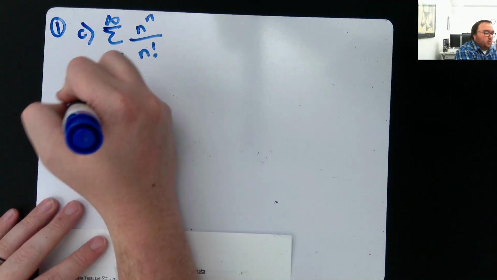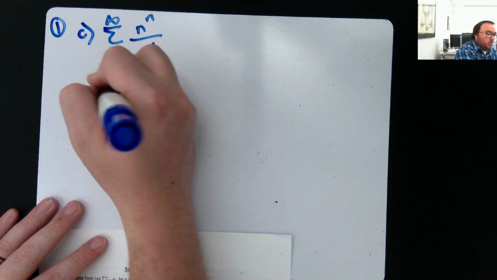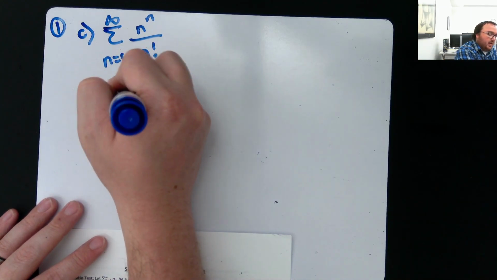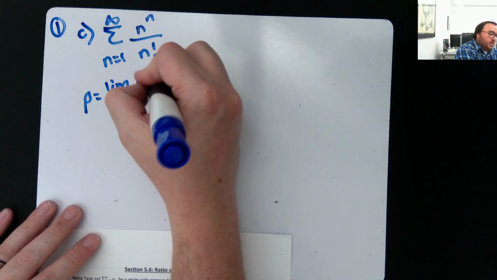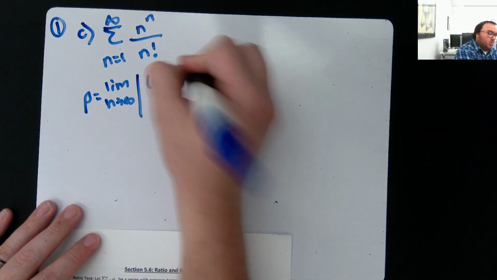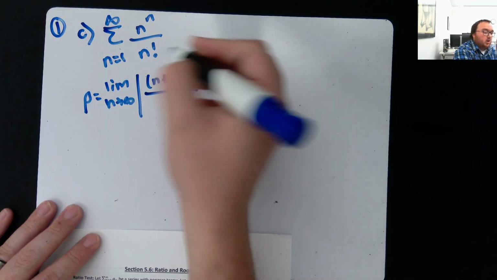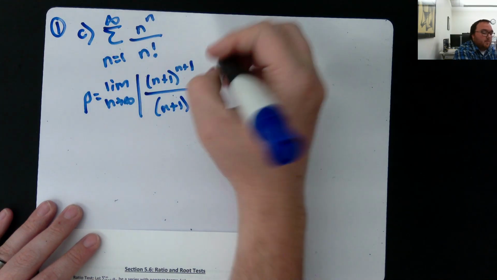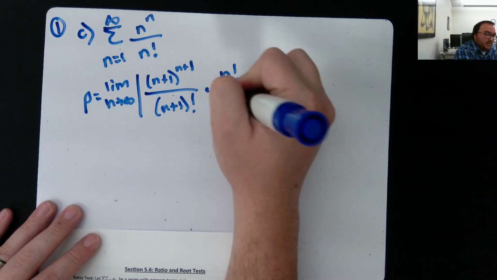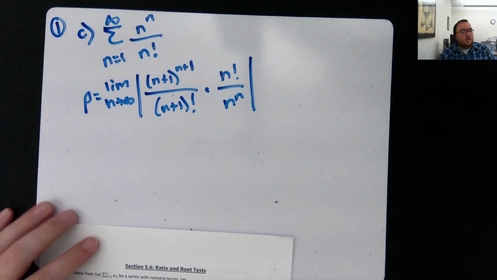So we're going to do the ratio test. Rho is going to be the limit as n goes to infinity of the absolute value of (n+1) to the power of (n+1) over (n+1) factorial times, and then flip it, n factorial over n to the n.